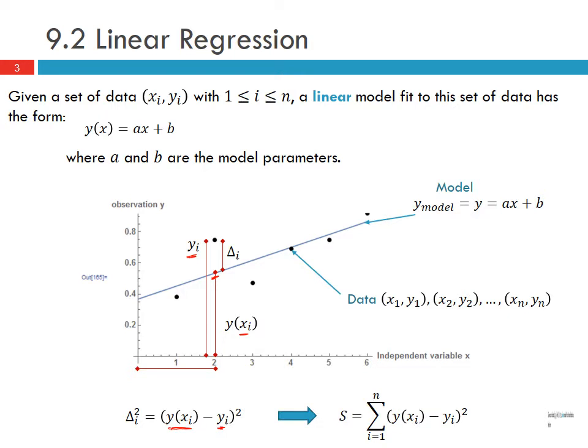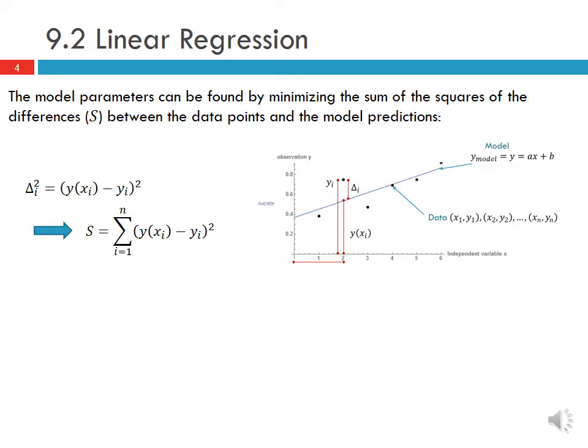So we can define S as the sum of all of those delta i's squared for all of our data points. So the sum of y of xi minus yi, all squared, gives us the sum of the squares of errors between our model and our data. Now the model parameters, this a and b in our model, can be found by minimizing this sum of the squares of the differences, or S, between the data points and the model predictions.